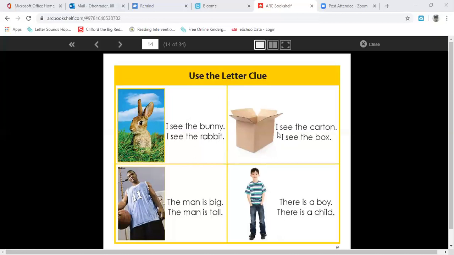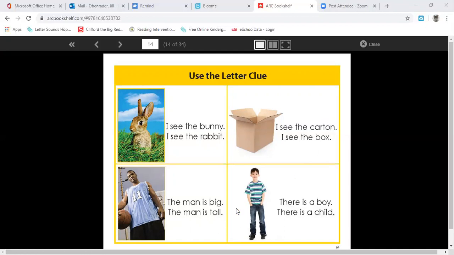Over here, I see the carton. I see the box. So depending on what you want to see, if I say carton, you're going to look for the one that has a C at the beginning. Box would have a B.